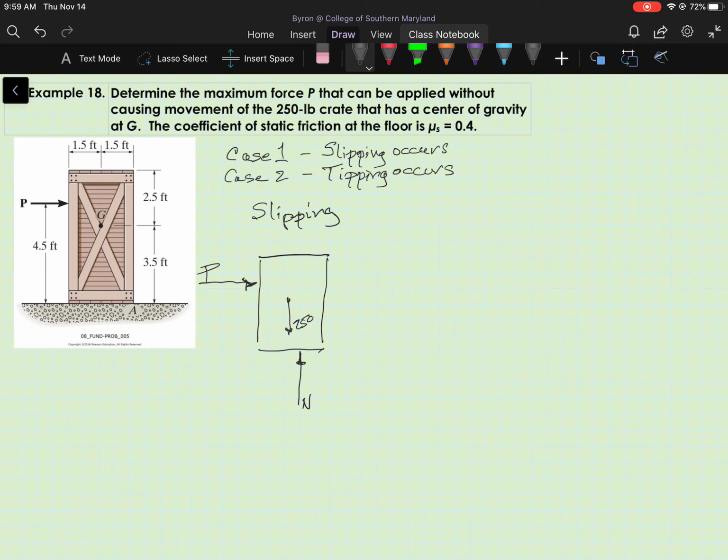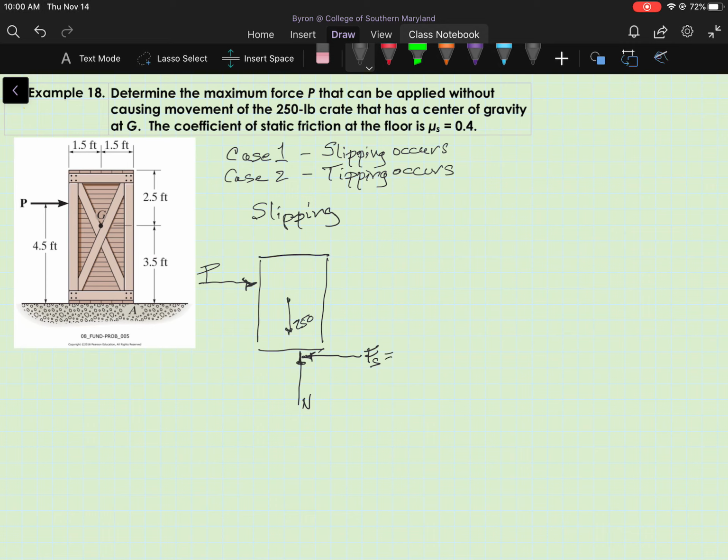And as we discussed in the lecture, at that point of impending motion, the frictional force is going to be at its maximum, the limiting static frictional force, F sub S.